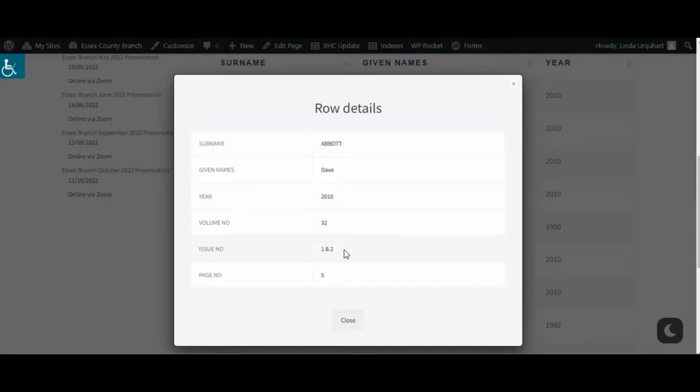The issue number is 1 and 2 because those two issues were combined in that year. And the page number where you would find the information is page 5. Again, you would need this information to be able to then go into the members library, find that volume, go to that page number, and you can see what has been said or included about Mr. Abbott.